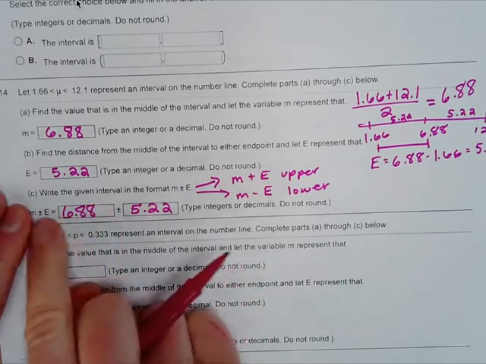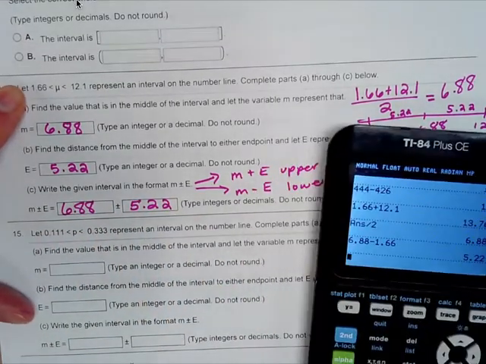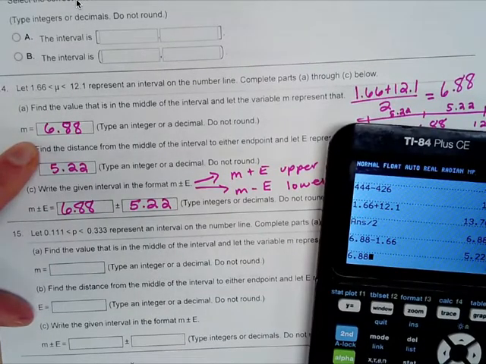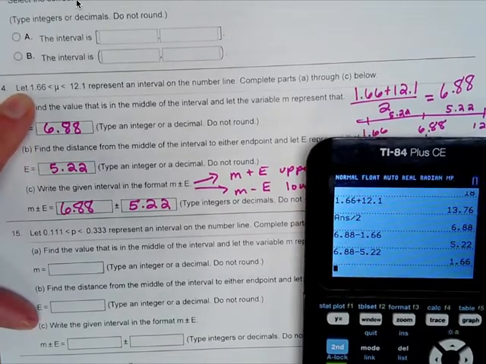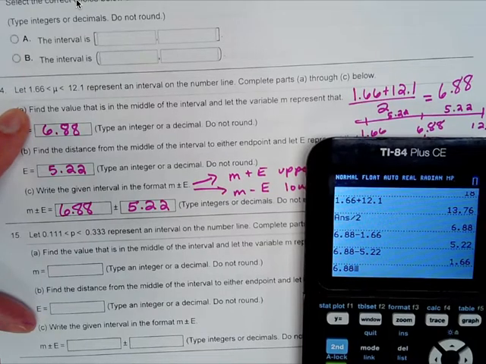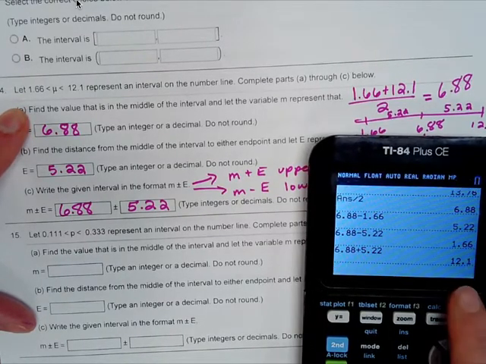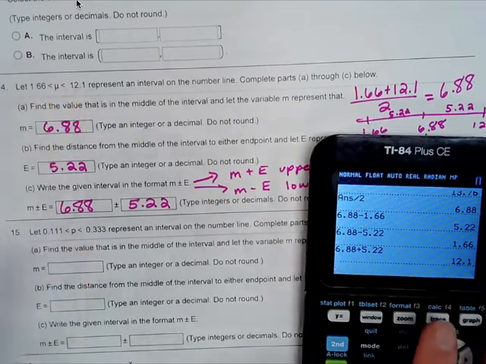So you can use these to represent that. If I do m, 6.88, minus the 5.22, I should get my lower bound, which is 1.66, and I do. Then I do 6.88 plus 5.22. I get 12.1. That's the upper bound.